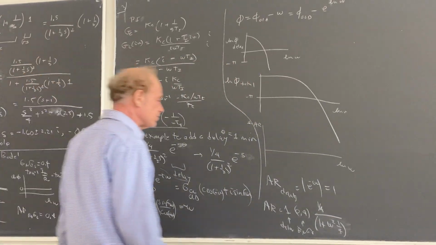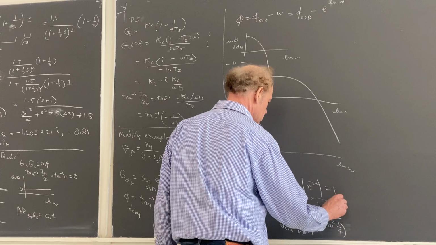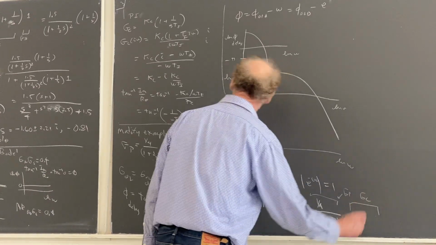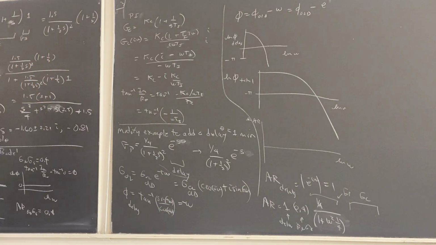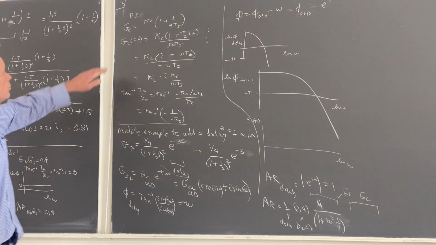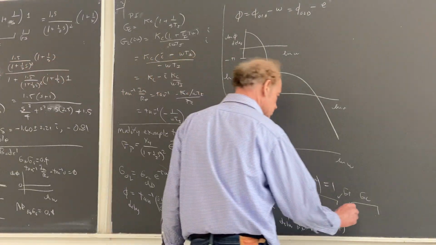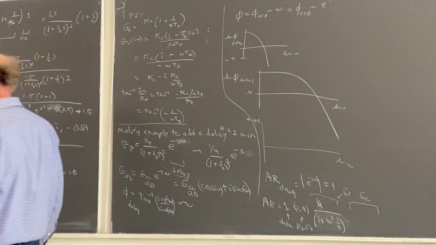So this was, of course, for GP. And now I need GC. Let's see what GC is. GC is the magnitude of this thing, so I can factor out the KC. And KC we said is 15 here.